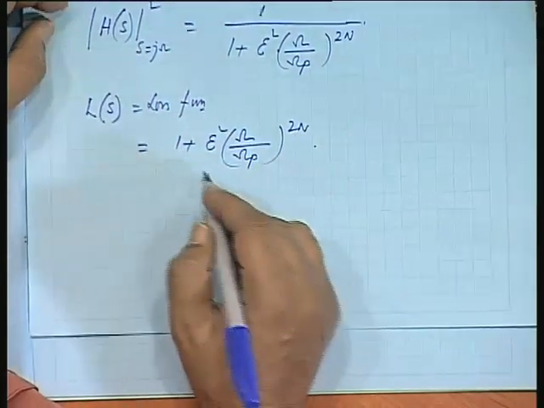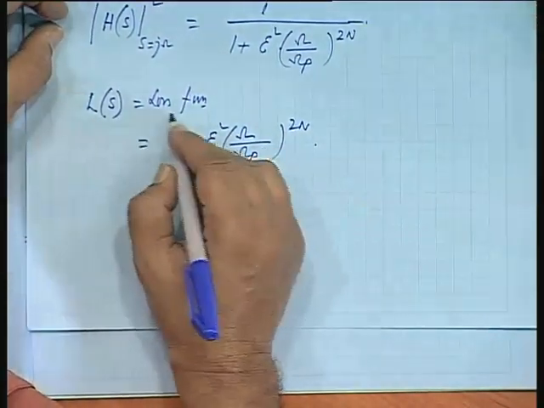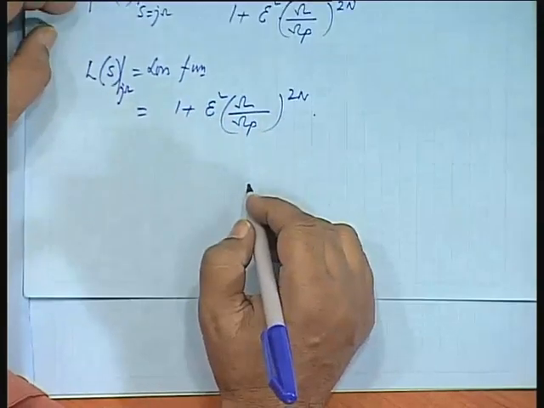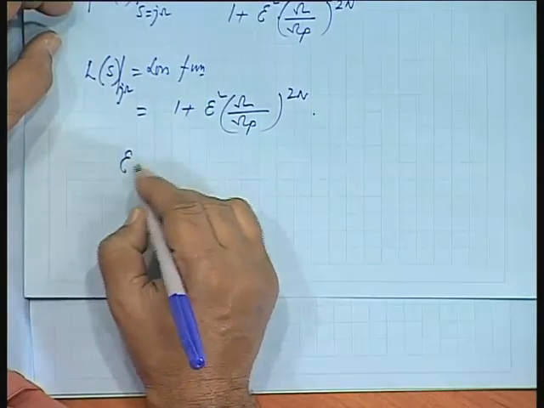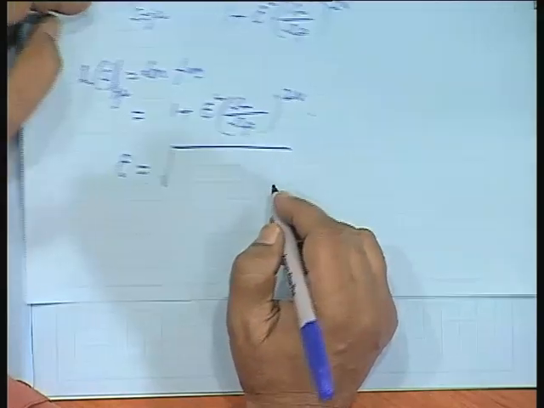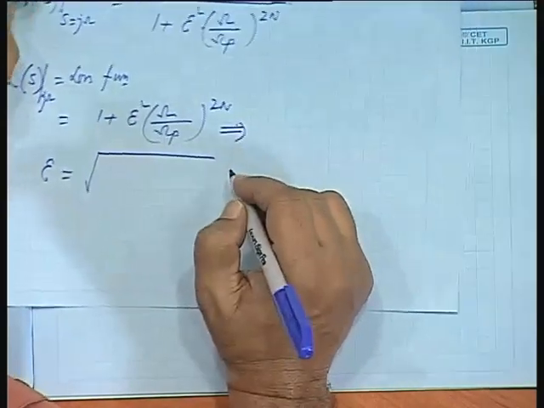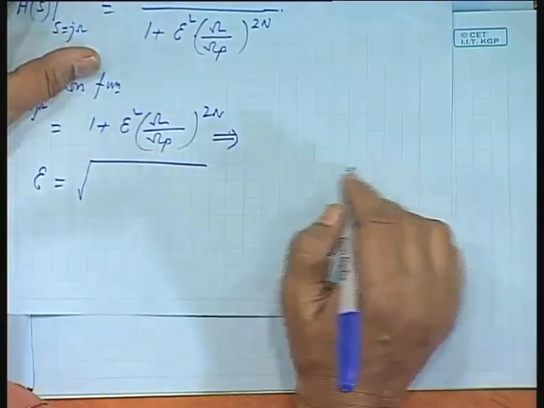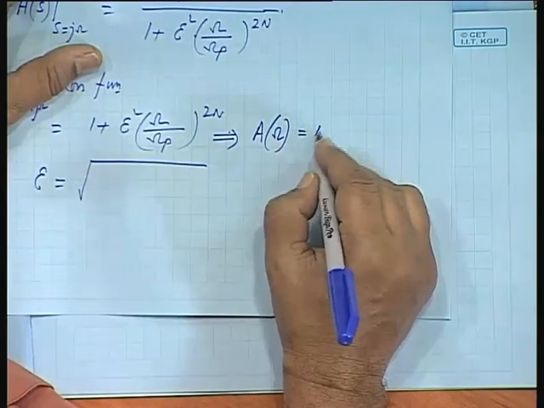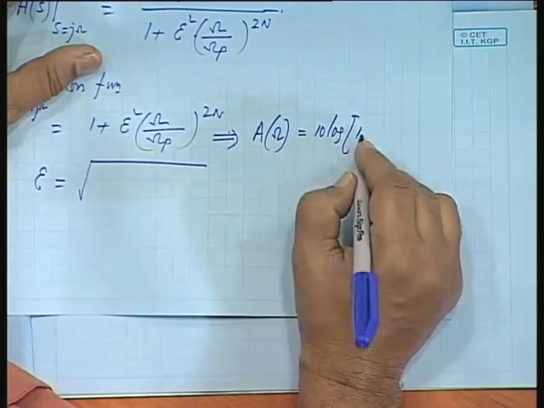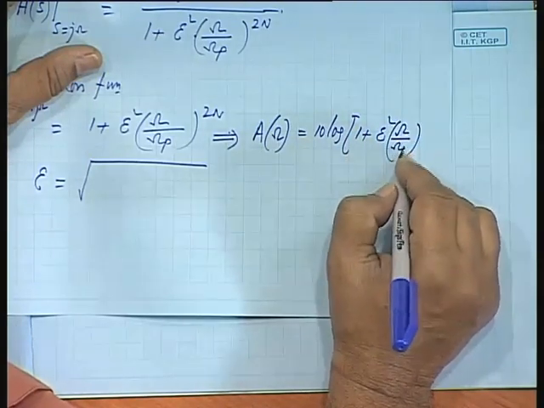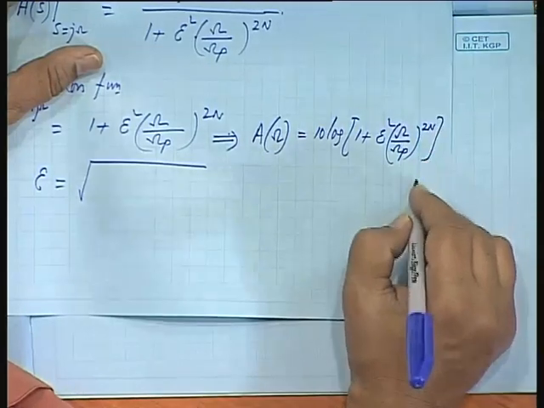So, loss in the frequency domain, at s equal to j omega, will be this much. And if this loss is expressed in the logarithmic domain, A(omega) will be 10 log of 1 plus epsilon squared into (omega by omega p) to the power 2n, so many dBs.